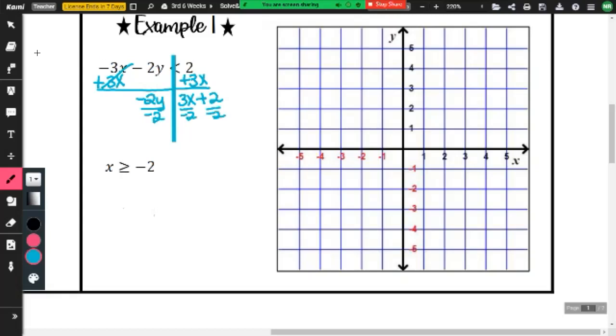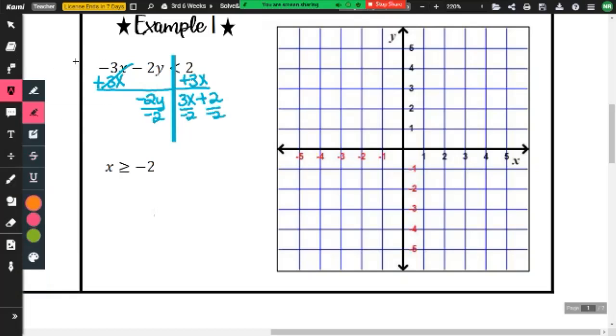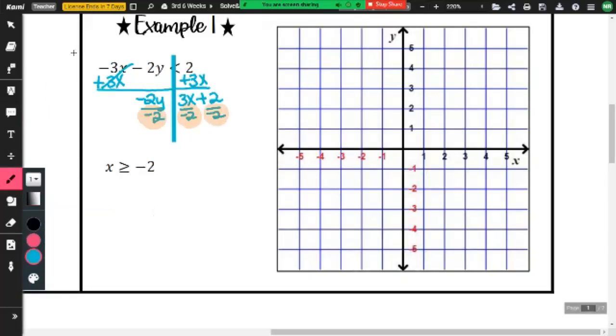Because we are dividing by a negative number, because that bottom number is negative right here, just remember that that sign will end up flipping. So you're going to get y is greater than, let me do that in red, y is greater than 3 over negative 2 is negative 3/2, x, and 2 divided by negative 2 is negative 1.